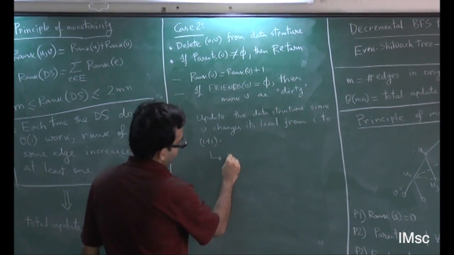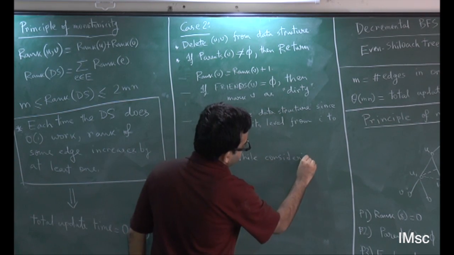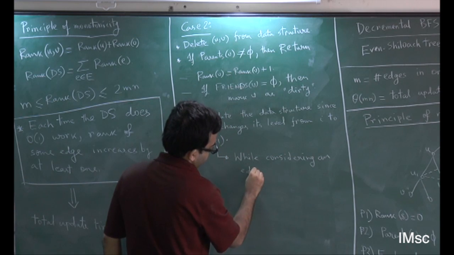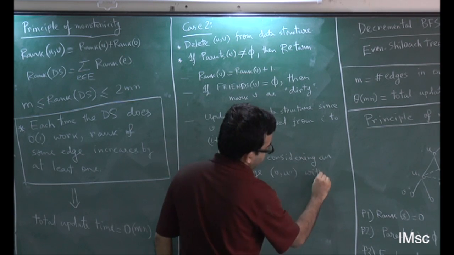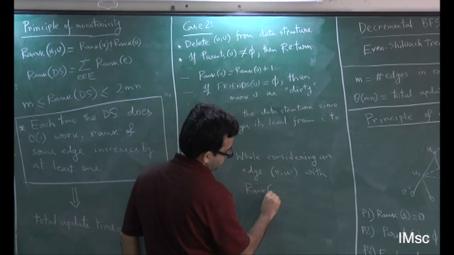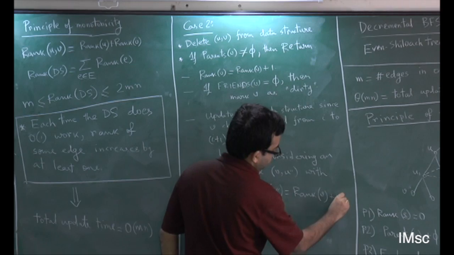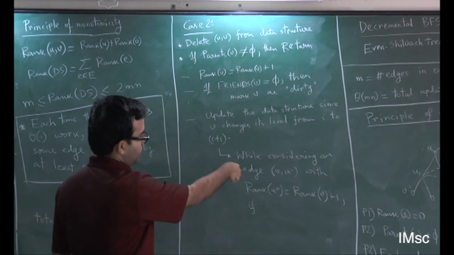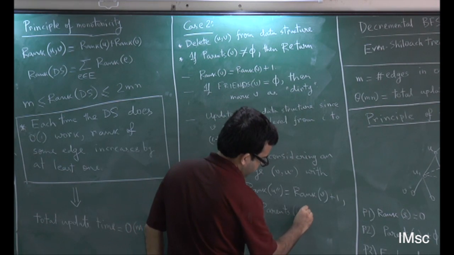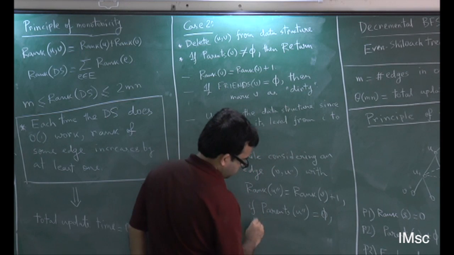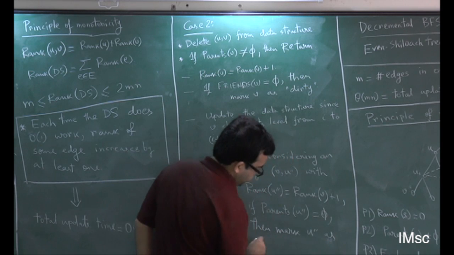as part of this step, while considering an edge V u prime with rank u double prime equal to rank V plus 1, if after this update step you see that parents of u double prime is empty, then mark u double prime as dirty as well.